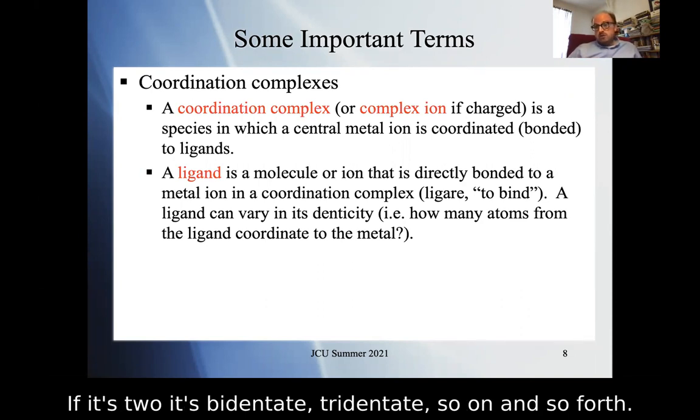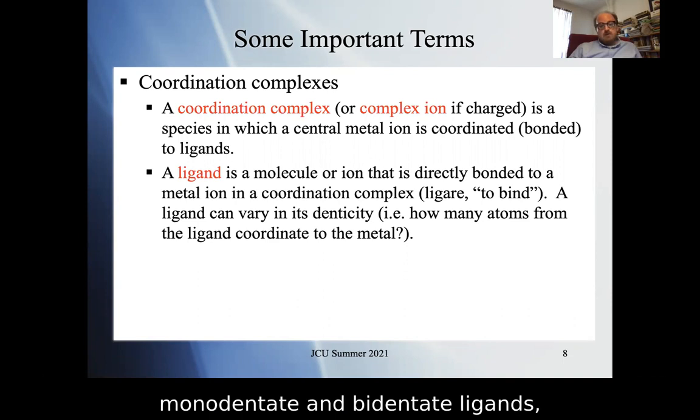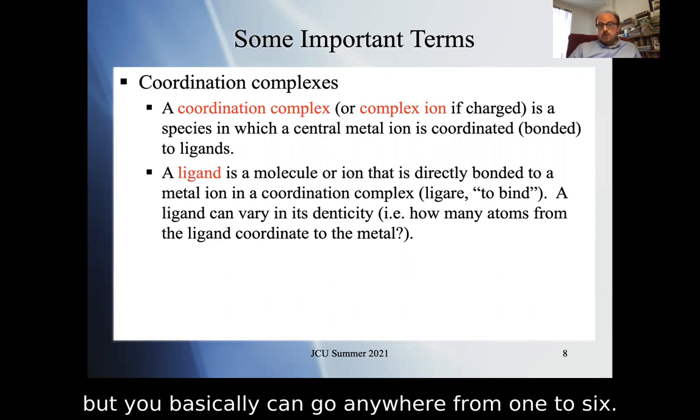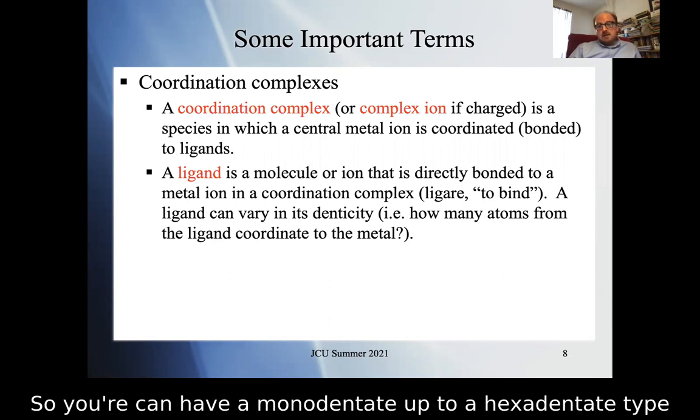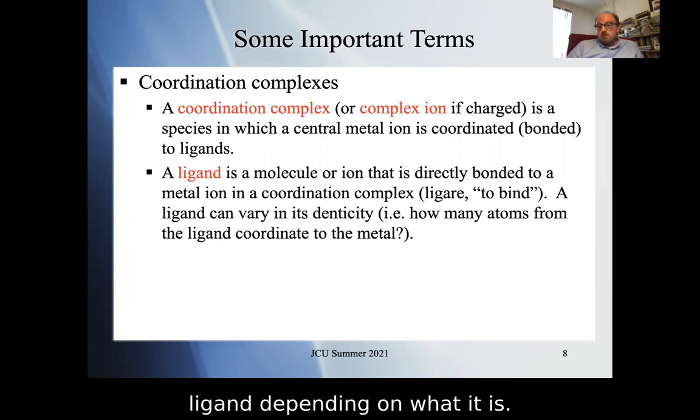Now, if it's two, it's bidentate, tridentate, and so on. We're only going to look at, in our experiment, monodentate and bidentate ligands, but you basically can go anywhere from 1 to 6. So you can have a monodentate up to a hexadentate type ligand, depending on what it is.